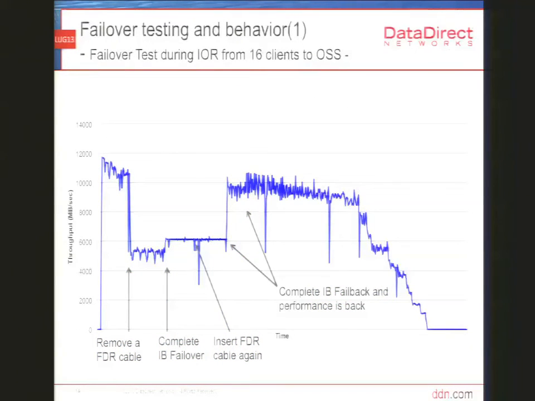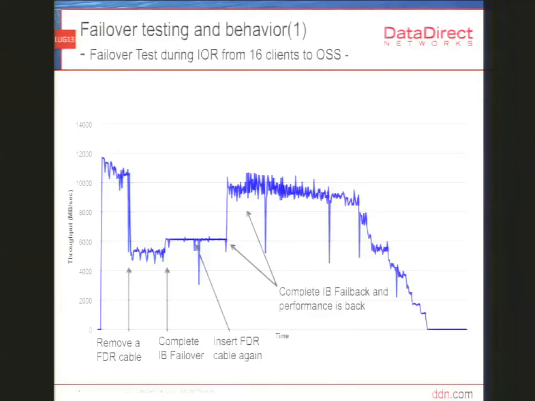This is another test, the failover test. We ran an IOR job, and during the IOR I removed one FDR cable for LNET. Of course, once one cable is removed, half of the OSTs are not accessible and I/O is stuck on the client.